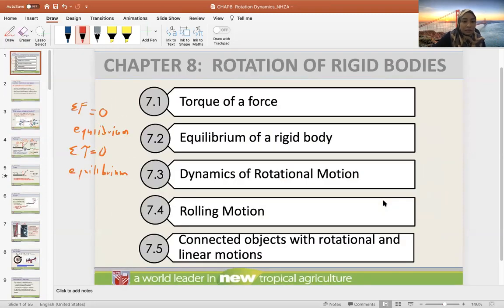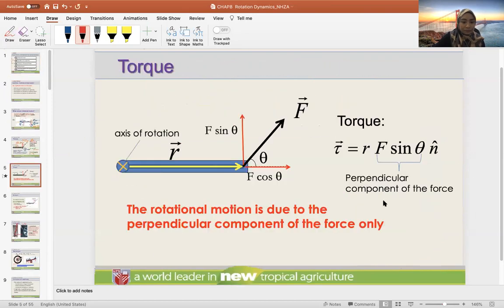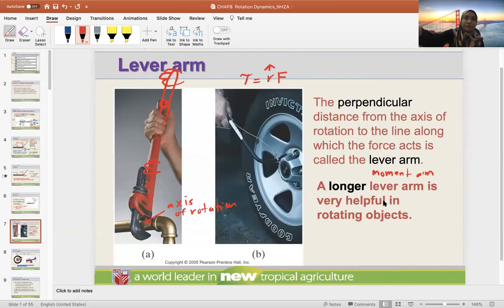Kat sini saya nak tahu berapa force yang saya perlukan untuk produce torque. So here, I don't care about the mass of the lever. I just want to know how much force I need to apply to get a certain torque, because it's not in equilibrium. Kita akan tengok problem yang ada mg. Does that make sense? Ni nak kira torque je, bukan equilibrium.